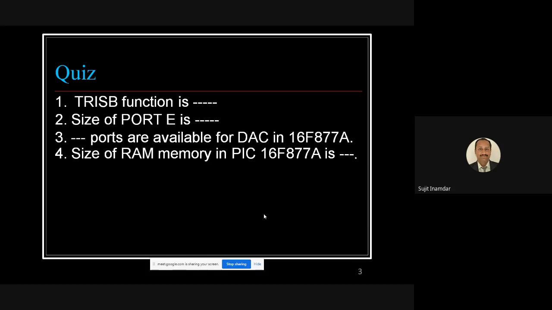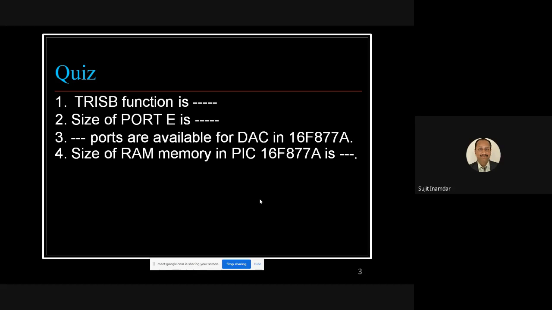So let us see what the answers are. Why are students making this much late? The first question was TRIS, that is tri-state, B, that is port B, function is what?